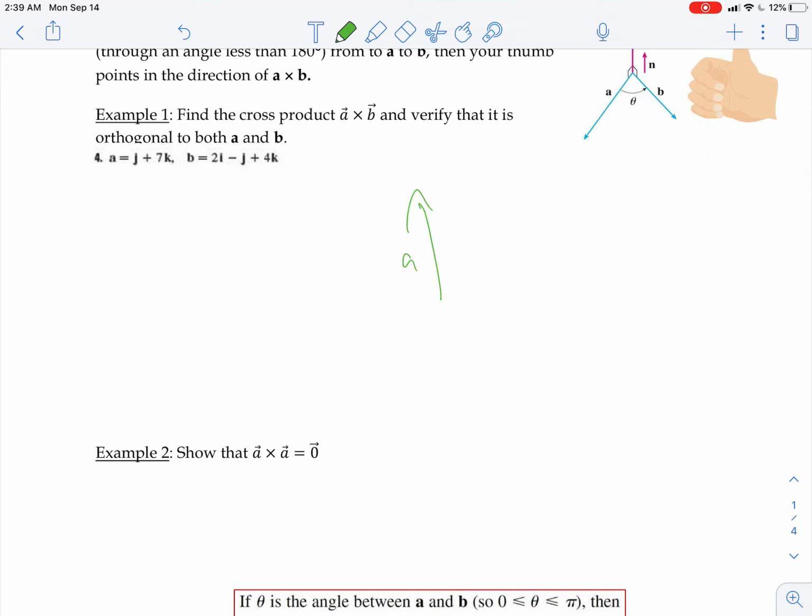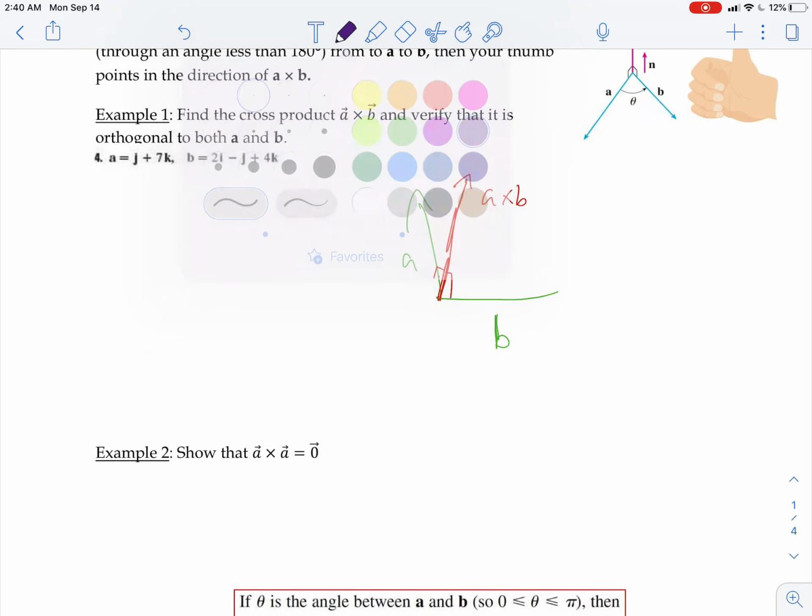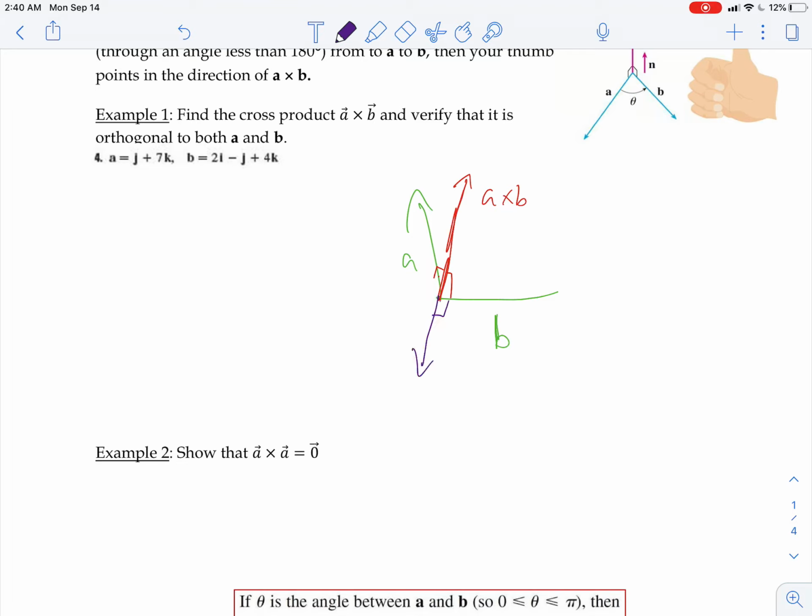So basically, this is what we'll get. We'll have two vectors, say here's vector A, here's vector B, and the cross product is going to be a vector that is perpendicular to those. In one direction, that could be A cross B, and then we could also have another vector going down that's also orthogonal, but that could be B cross A. It could be reversed: going down could be A cross B, and going up would be B cross A. It just depends on the resulting vector.